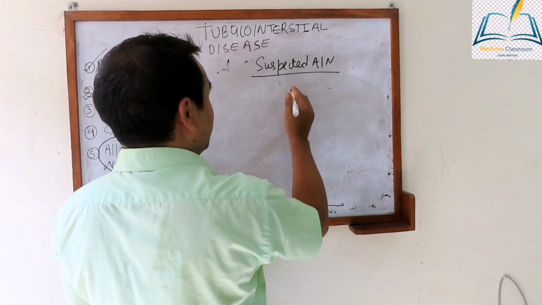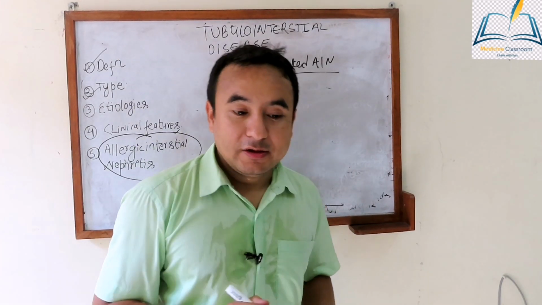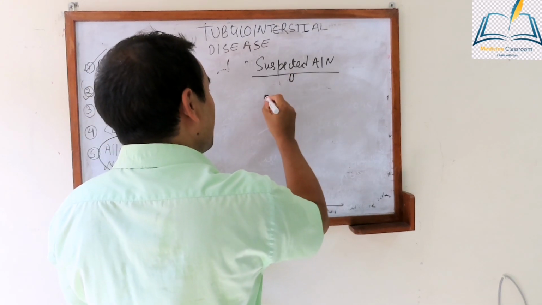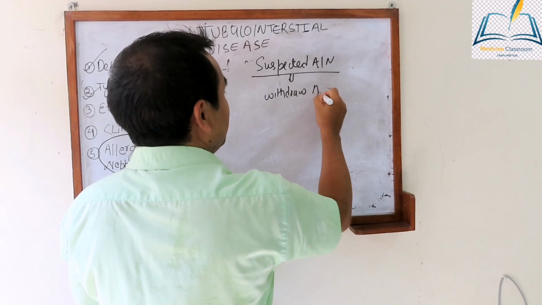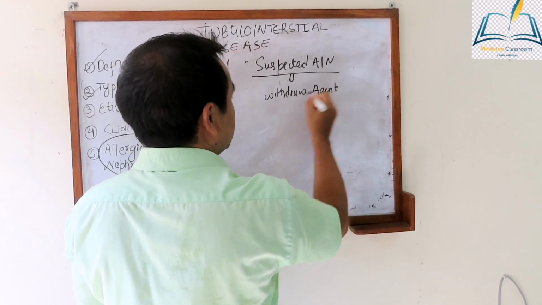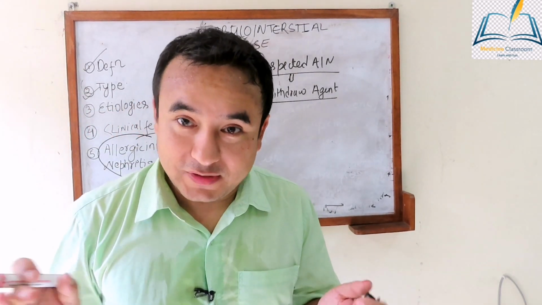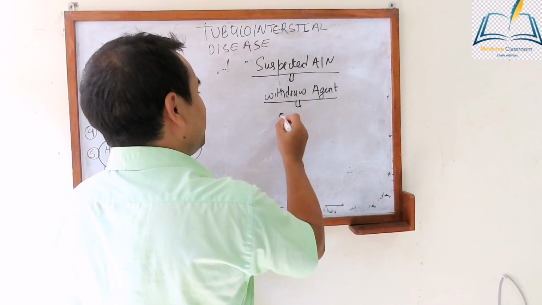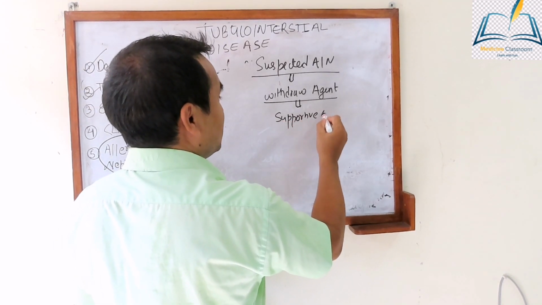First of all, you have to withdraw the causative agent. If you are using antibiotics, then you have to stop the antibiotics. If you are using rifampicin, then you stop it. You just withdraw the agent and give supportive care, only supportive care.